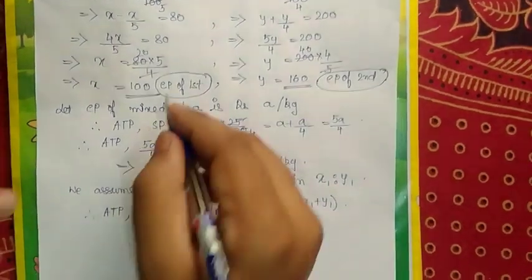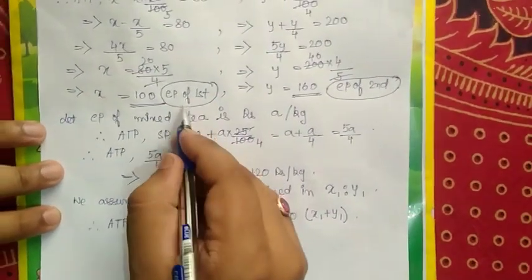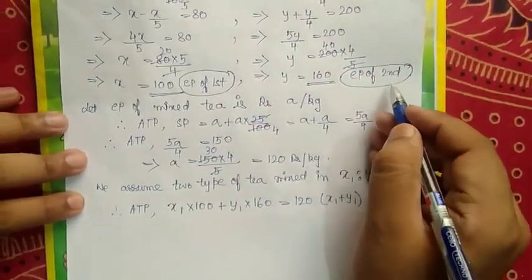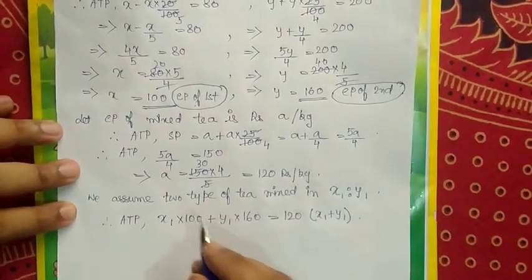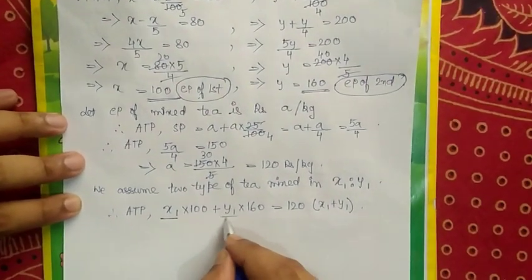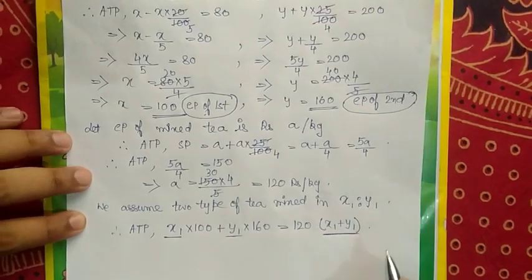Why? Because if this product is 4 kg and that product is 6 kg, then the total quantity is 10 kg, so the first one is x1 and the second one is y1, therefore the total quantity is x1 plus y1.